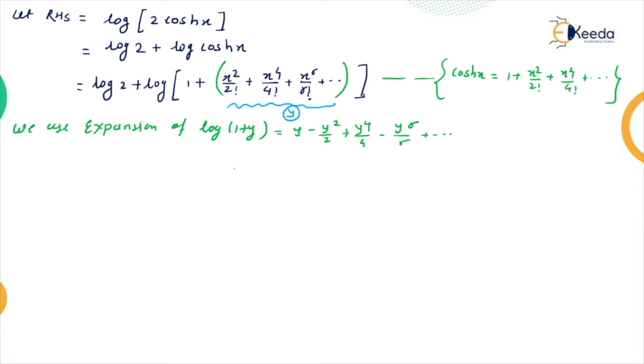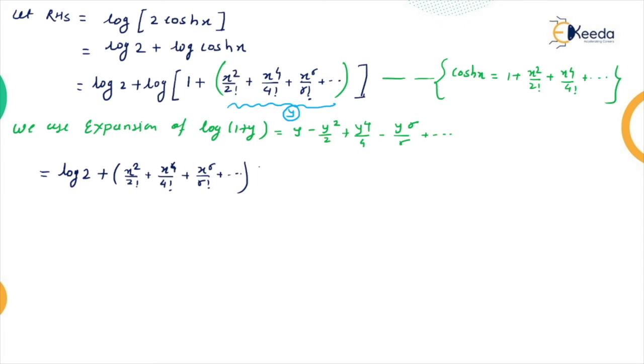So this bracket is totally assigned with y, so you have to write the expansion of log of 1 plus that bracket. Therefore this is equal to log of 2 plus, and I am writing now this bracket, meaning y, which is x squared upon 2 factorial plus x raised to 4 upon 4 factorial plus x raised to 6 upon 6 factorial plus and so on.